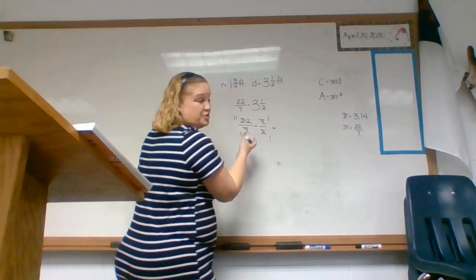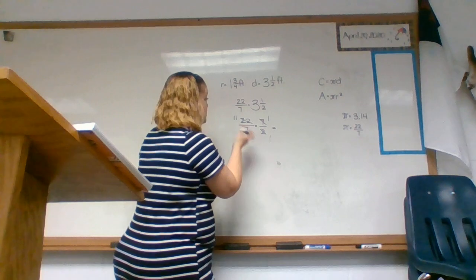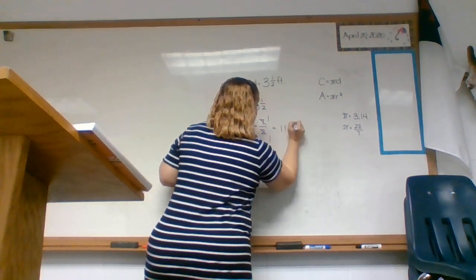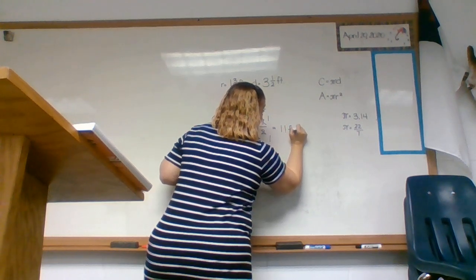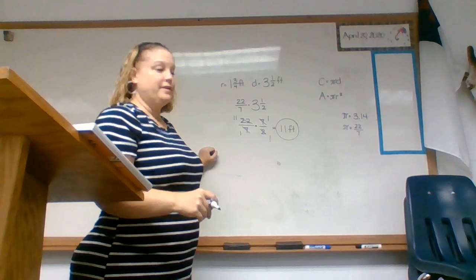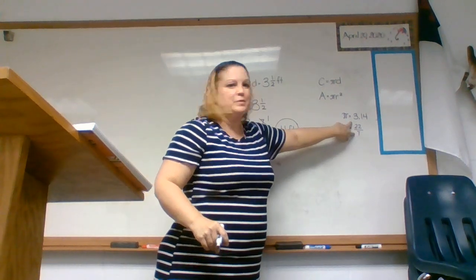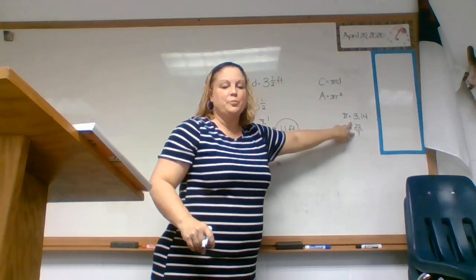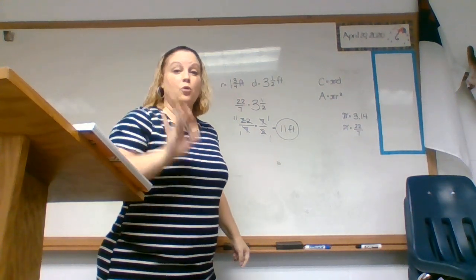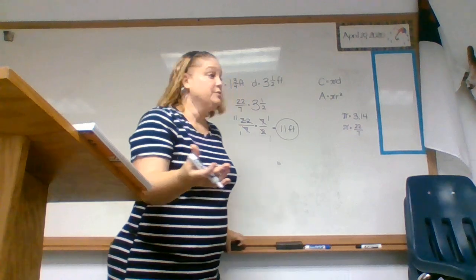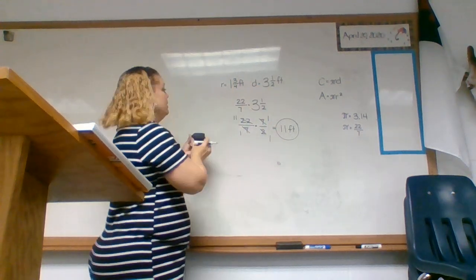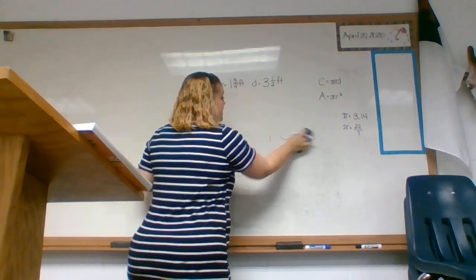So much easier than using the decimal version for this one, because we end up with 11 feet. And because it was circumference, there are no square units. Remembering this fraction form makes it so much simpler than changing everything to decimals. There are a couple of you who prefer only dealing with decimals. You could do that as well and do 3.14 times 3.5. All right, for the rest of us, we're moving on to area.